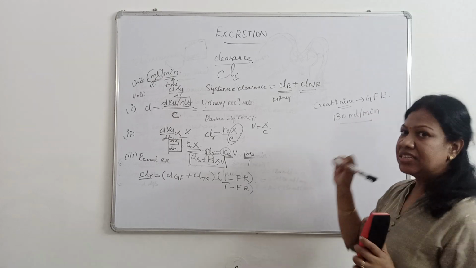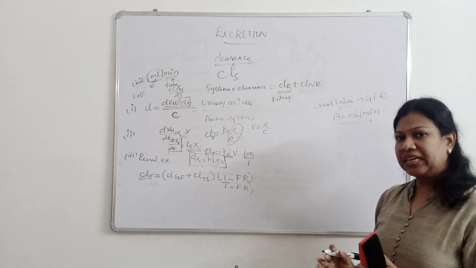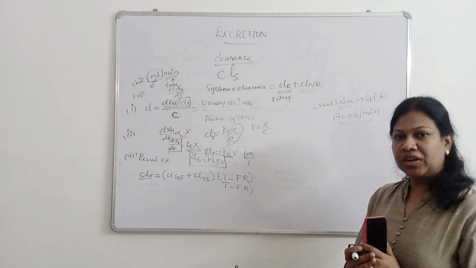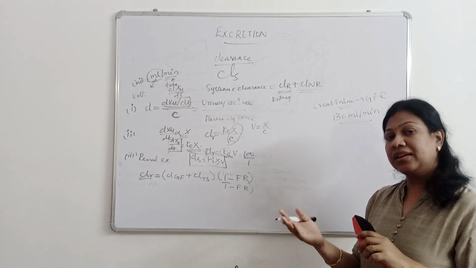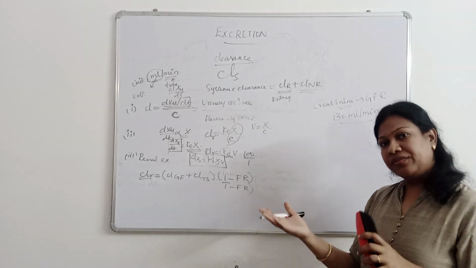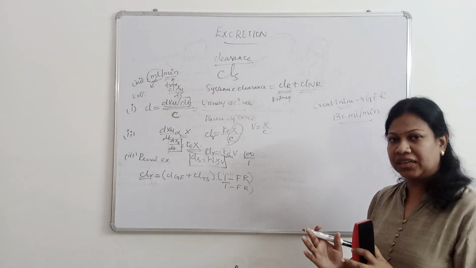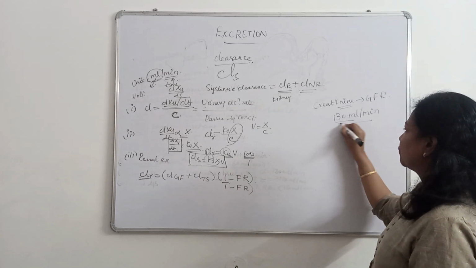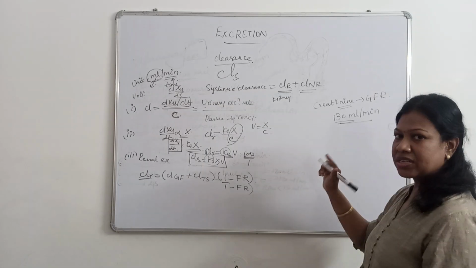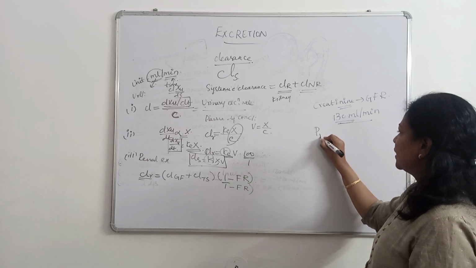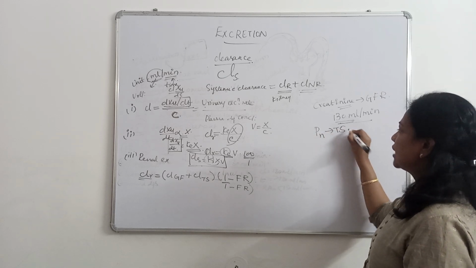So a drug which is completely filtered through the glomerulus but neither tubular secreted nor tubular reabsorbed, just filtered, will have a clearance of about 130 ml per minute. Whereas drugs like penicillin, as I already discussed, undergo tubular secretion.